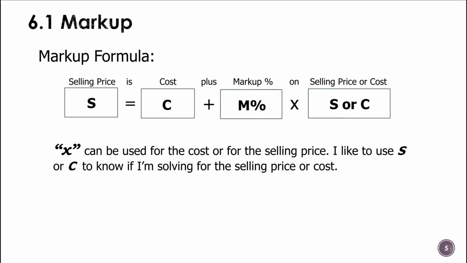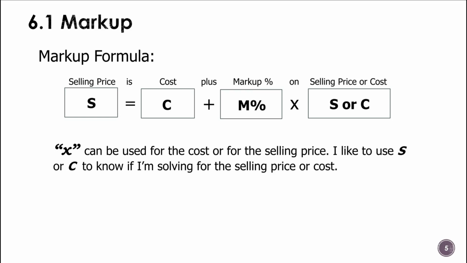And now we're going to go to one that's a little more difficult. This is what we call the markup formula, where we will know the selling price or the cost. We have to know one of them. Plus, we're going to add the percent of the markup times either the selling price or the cost, and we will know one of the other. We'll either have a number there or we'll have a variable there.